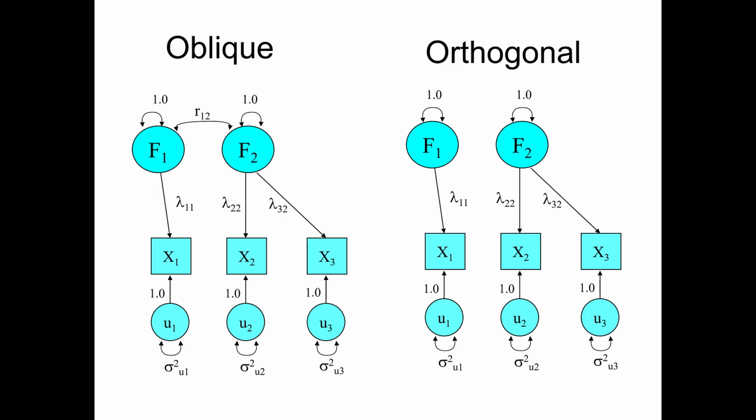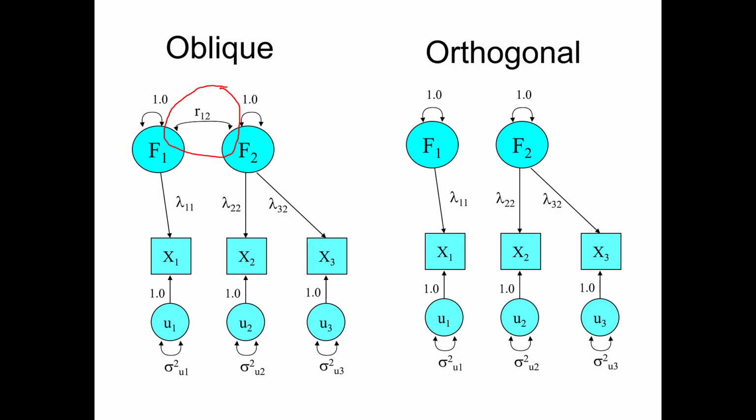The other thing we'll do is rotate the factor structure to have it make sense. I'm going to talk about rotation and describe what that actually is in a few minutes, but there are two types of rotation: oblique rotation and orthogonal rotation. The big difference, if you look at these two figures, is there's only one thing different, and it's this right here, and this one doesn't have it.